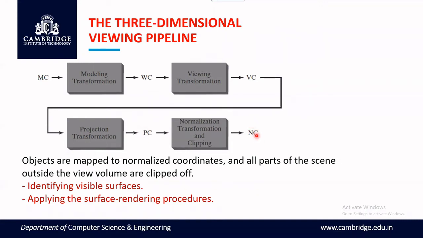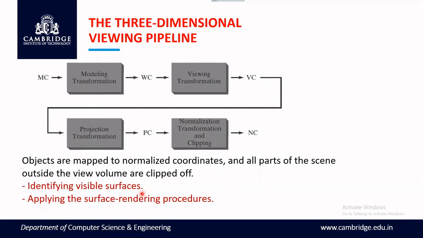In addition, since it is 3D, we also do the clipping. Whatever is outside the clip volume should be clipped off. Next, because it is 3D, we have to identify the visible surfaces and decide how the invisible surfaces are going to be drawn. Whether the visible surfaces are going to be highlighted, or the invisible surfaces are going to be drawn by dotted lines, or totally removed. We apply that at this stage.